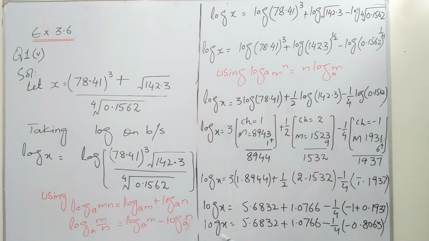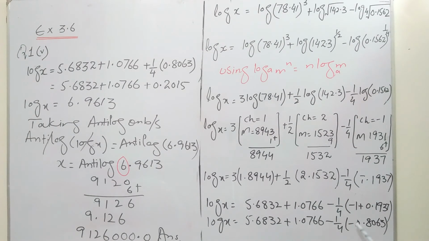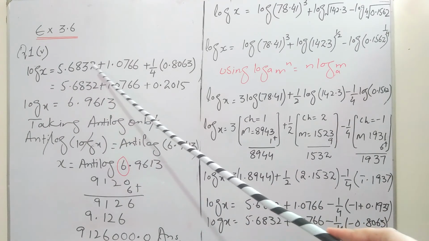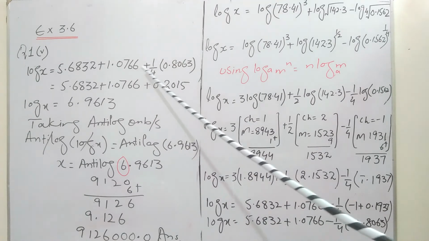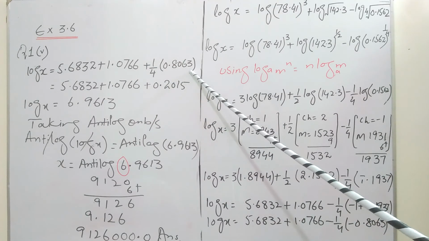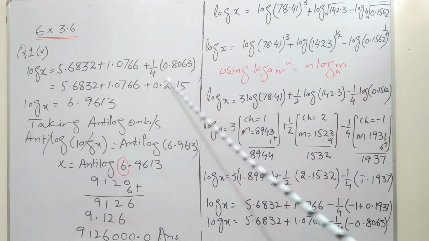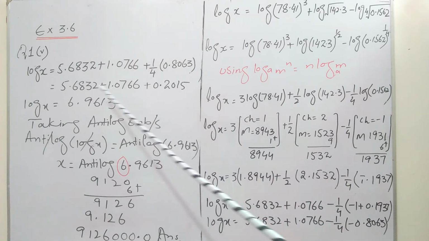So the next value is log of x is equal to 5.6832 plus 1.0766 minus 1 by 4 into minus 0.8063. Now this minus into minus is equal to plus. So log of x is equal to 5.6832 plus 1.0766 plus 1 by 4 into 0.8063. Now when we solve these two values we get 0.2015.